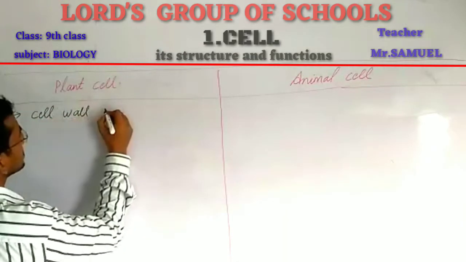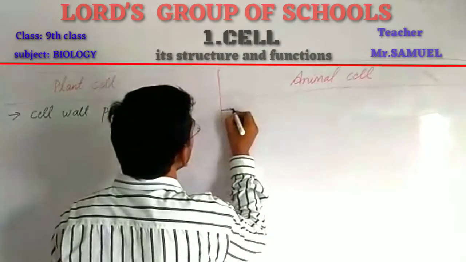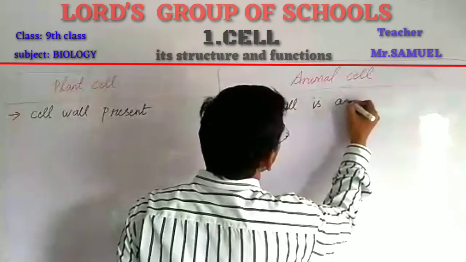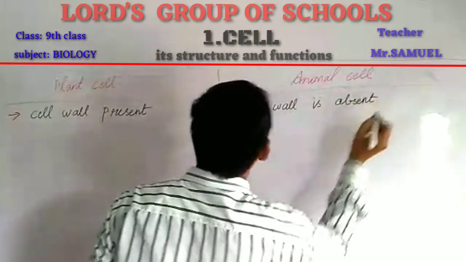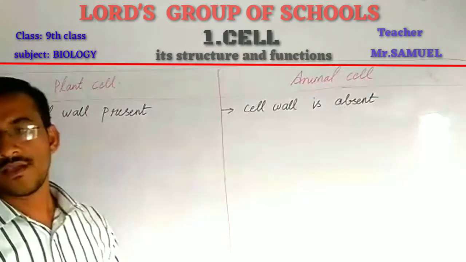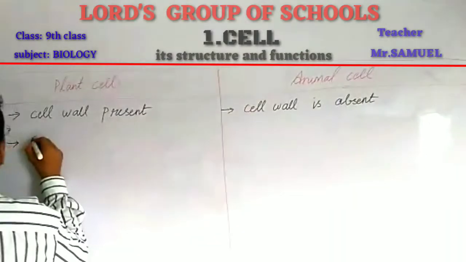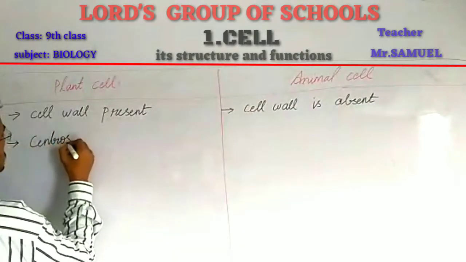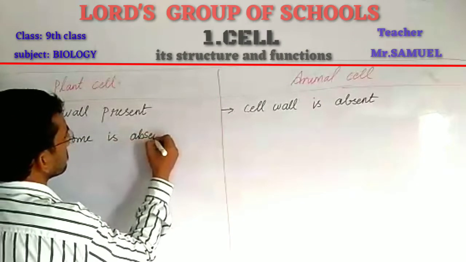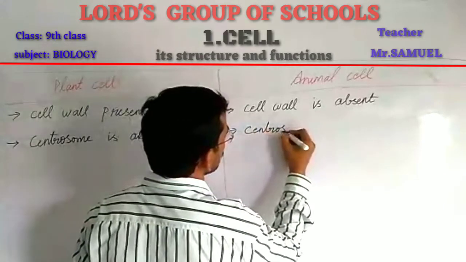Cell wall is present here. Cell wall is absent here. The next difference is centrosome is absent in plant cell. Centrosome is absent here. Here centrosome is present.